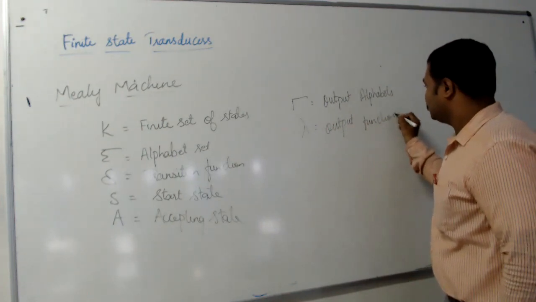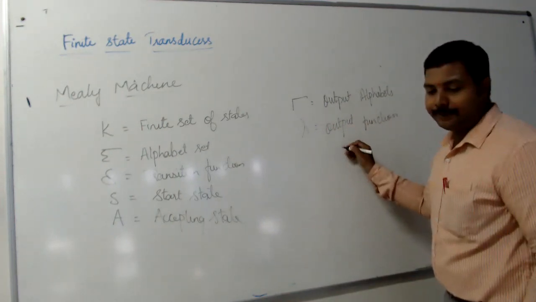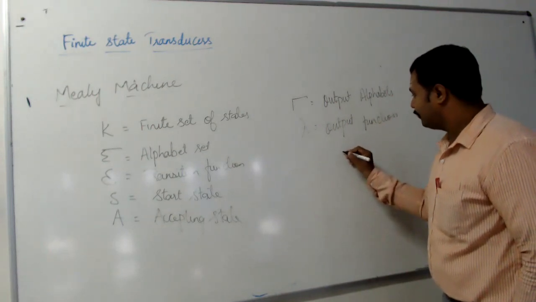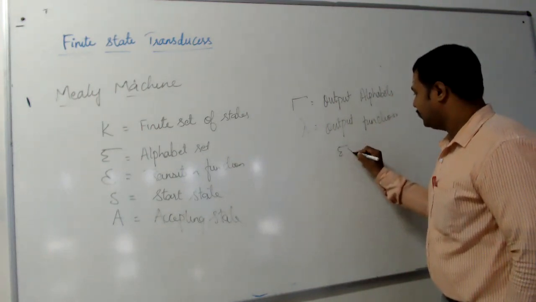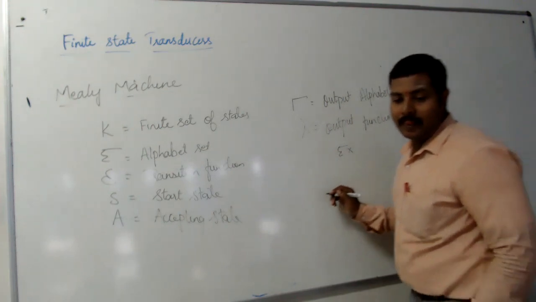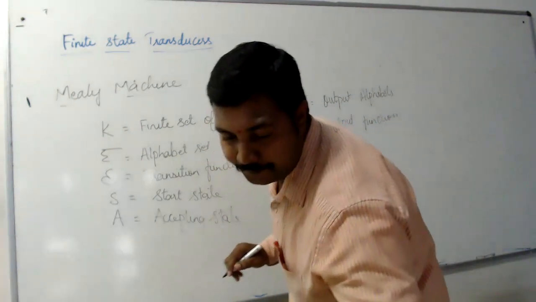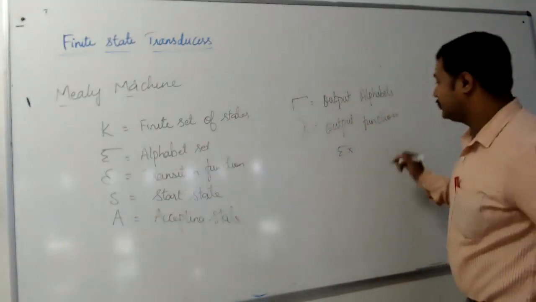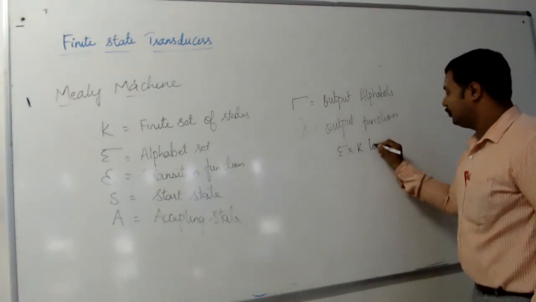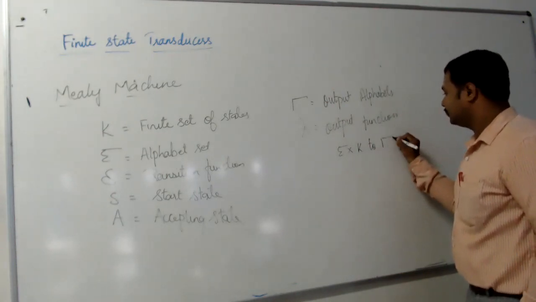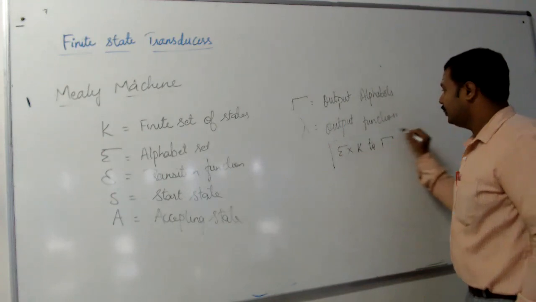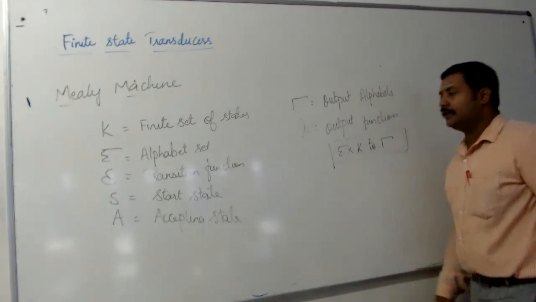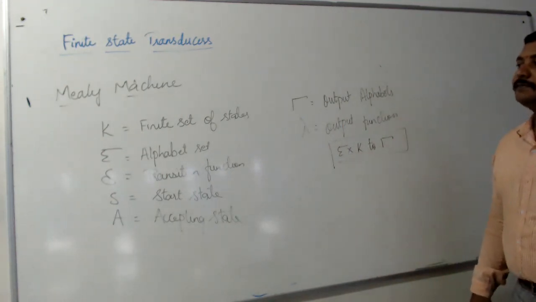So output function is defined using alphabet set and states to output. This is how your function is defined. Right? This is Mealy machine.